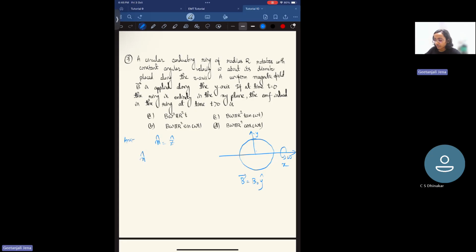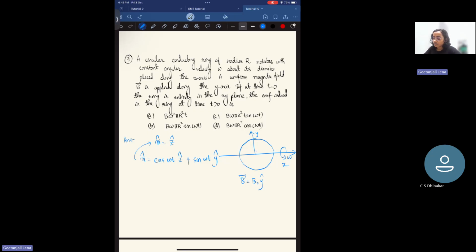So n cap you can write as cos ωt ẑ plus sin ωt ŷ. If you put theta equal to 0 here, you get n cap as ẑ, which is for time t equal to 0, when it is completely in the xy plane.